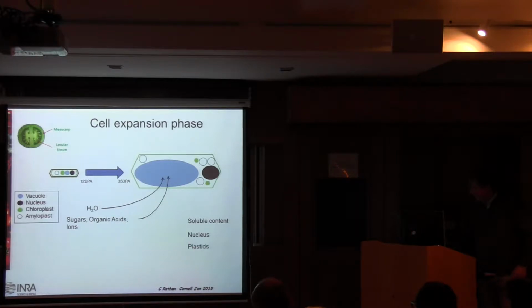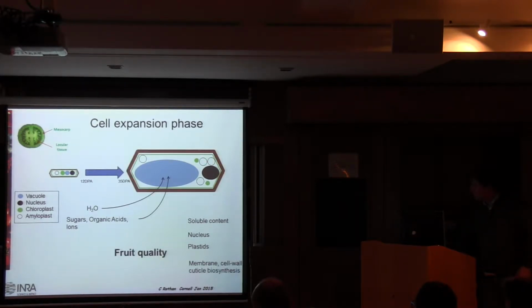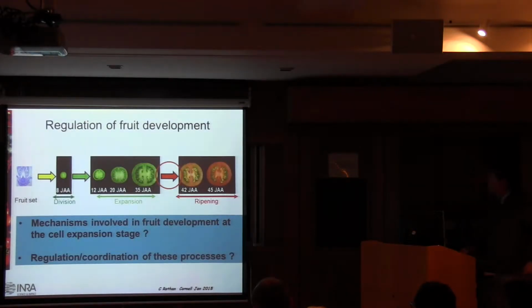And of course, you have a storage of starch that disappears during ripening, and membrane, cell wall, and cuticle biosynthesis to cope with this large increase in fruit size. So what we're interested in is the mechanisms that are involved in fruit development at the cell expansion stage, and the regulation and coordination of these processes.